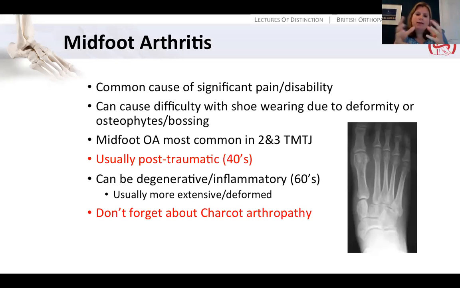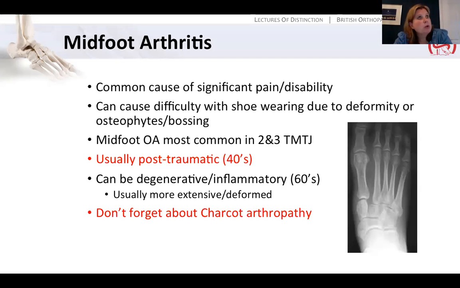What's interesting is it may not be a big Lisfranc injury that was identified at the time that had fixation and all those sorts of things, but it could be just a very subtle injury where they didn't get full collapse of their Lisfranc joint, but they did get a little bit of diastasis, and over time, that slight displacement has led them to have arthritis. So you really do have the two spectrums there. If you see it in a younger patient, be thinking maybe what kind of injury they had.